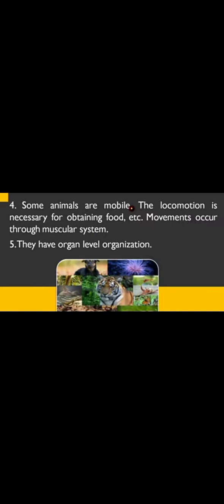Some animals are mobile, so they can move. Locomotion is necessary for obtaining food, etc., and movement occurs through the muscular system. They have organ level organization.